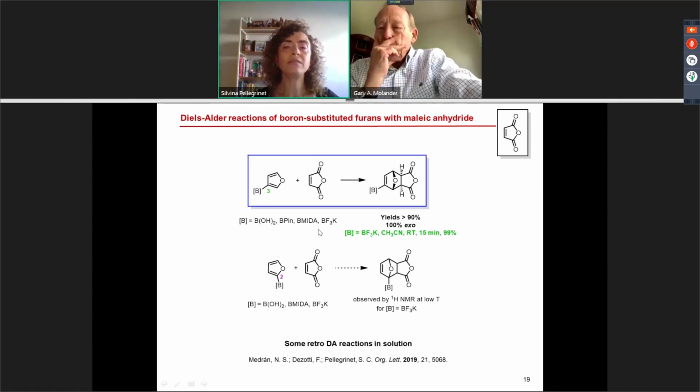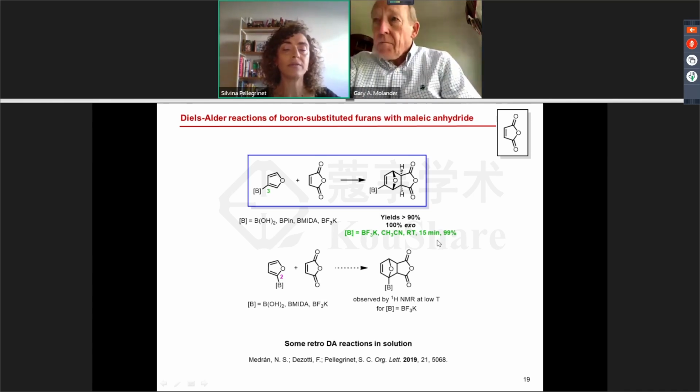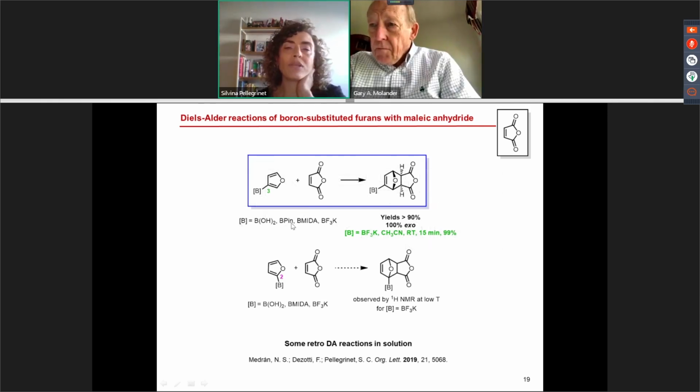In these years, I didn't want to go into further detail because of the time restriction, but the trifluoroborates are the most reactive ones. It reacts at room temperature in only 15 minutes. The rest of the analogs are less reactive.